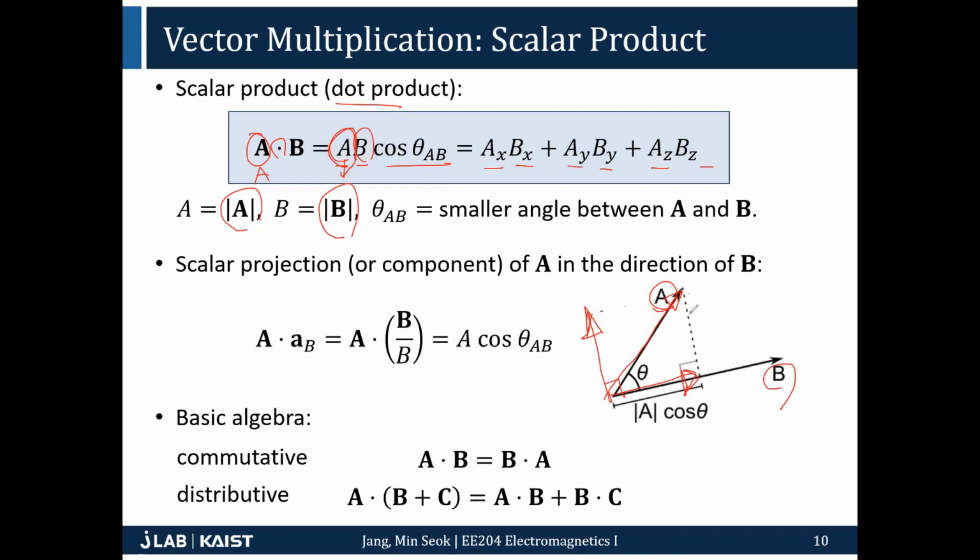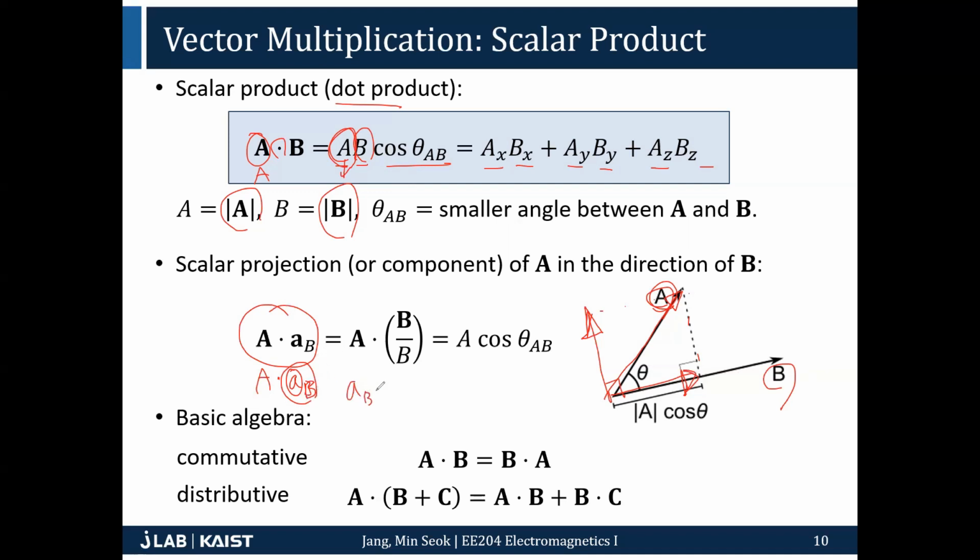And then if you add these up, you get A. So the component of A along direction B is A cosine theta, right? And you can obtain this by performing this operation, A dot a_B. Again, small a means unit vector, and the subscript B means it's along the B direction.